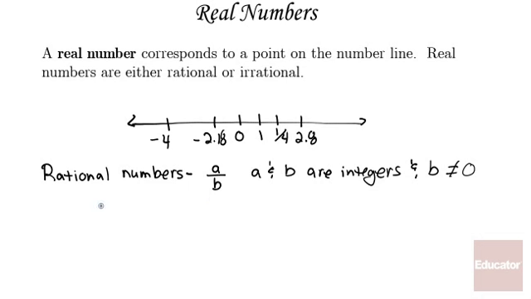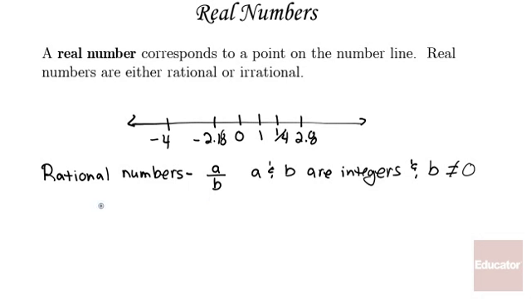It's 0.5. I might have another number, 1/3, which is also rational, and it's going to end up being 0.3333 and on indefinitely. This could also be written as 0.3 with a bar over it, indicating it's repeating. So this is also rational because it repeats.